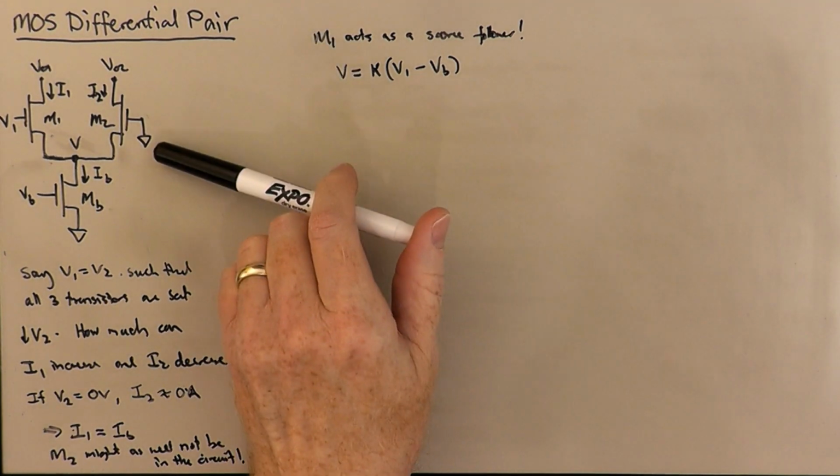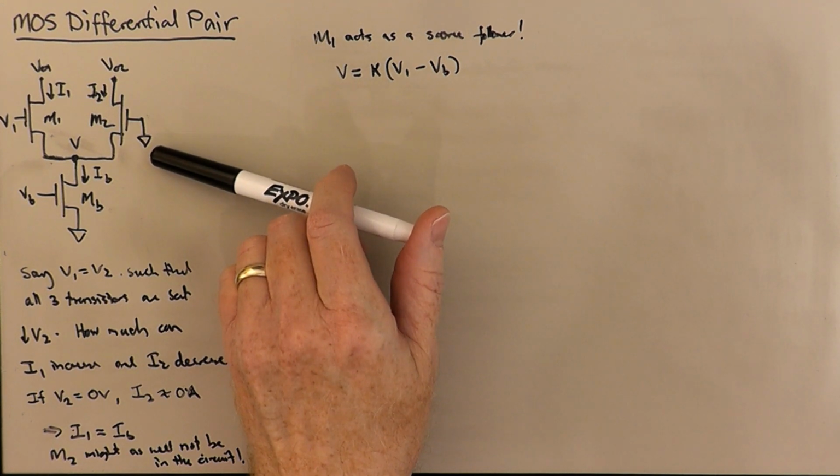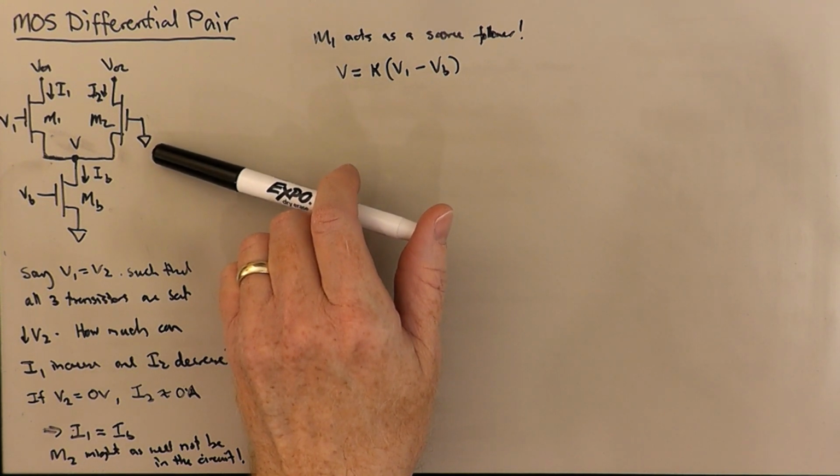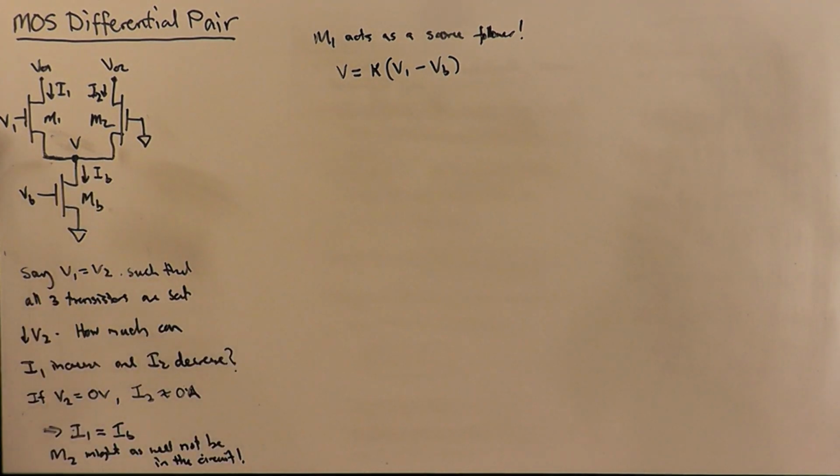Well, if we imagine not that V2 is all the way down at ground, but is just lower than V1, we can say something about the relative sizes of these two currents. We know that the saturation current-voltage relationship of a MOS transistor is a fairly steep expansive function.